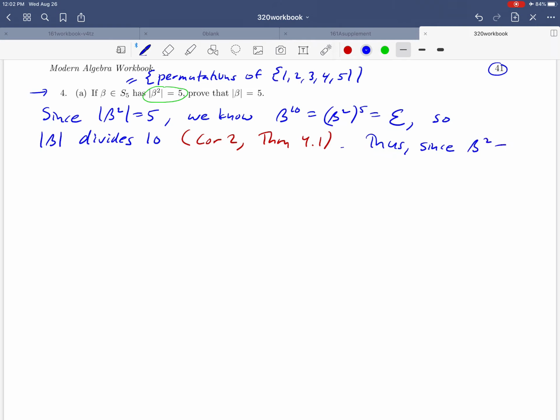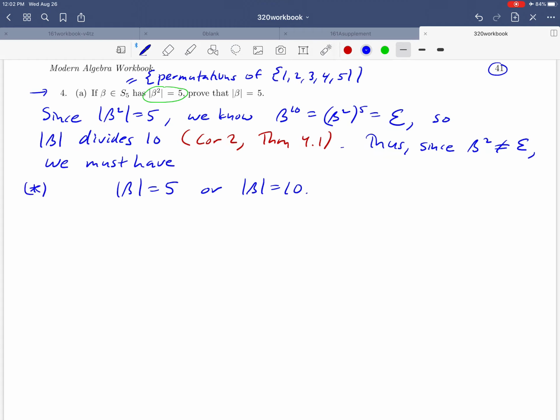So since beta squared is not the identity permutation, that statement immediately rules out the possibility that the order of beta might be 1 or 2. That can't happen if beta squared is not equal to the identity. So we must have either the order of beta equals 5 or the order of beta equals 10. We'd like to rule out the 10, and then we'll have ourselves a proof.